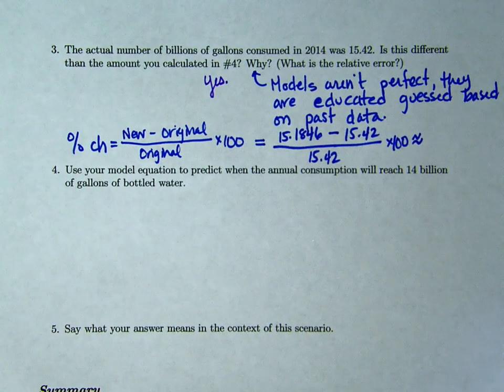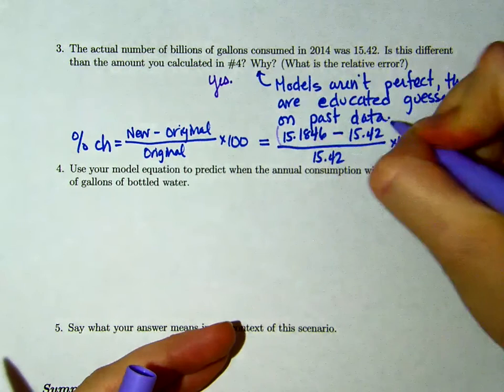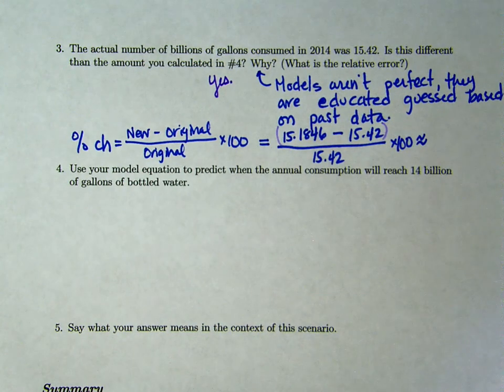Okay. And this is yet another plain calculator problem. 15.1846, take away 15.42. All of that should be in implied parentheses. So remember, order of operations, so there's implied parentheses here. All of that is divided by 15.42 because that's the reality.